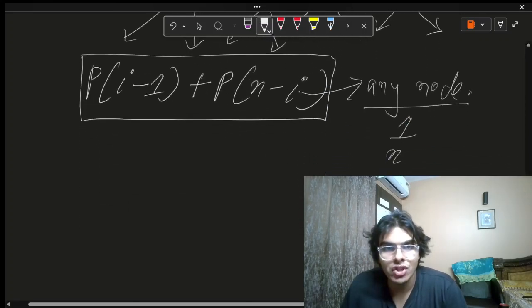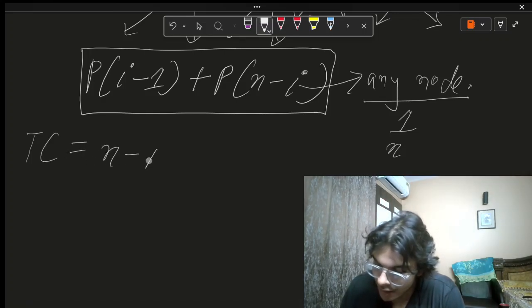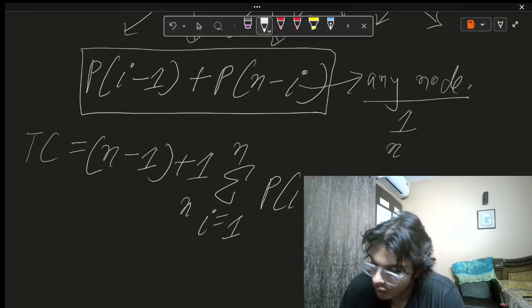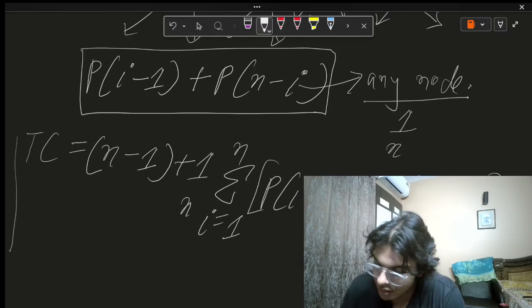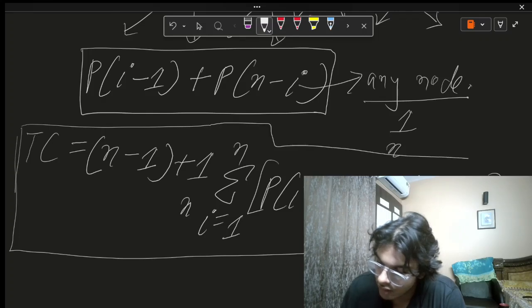So if we try to write a general formula for the total cost, can we say it is going to look like something like this: n minus 1 for the root node, and then a total of the left subtree and the right subtree, which is nothing but the path length of the left added to the path length of the right. See, very intuitive, right? Can we say this is it? Yes, we can say this is it. And this is eventually what we try and calculate further. This is what it becomes.